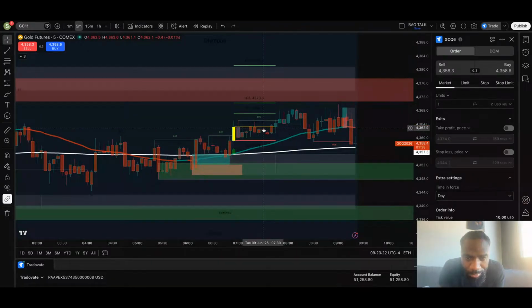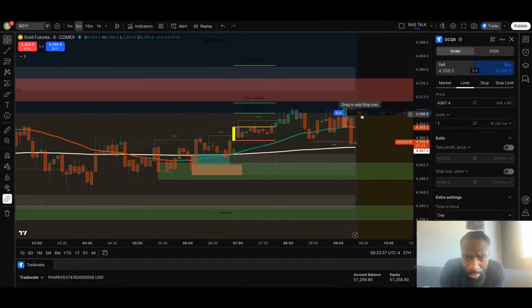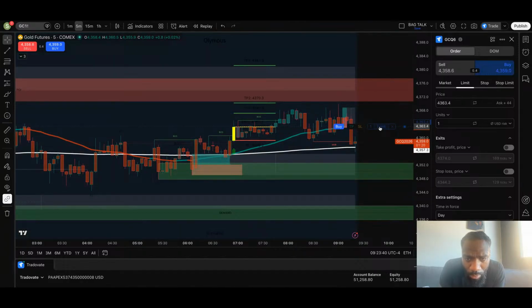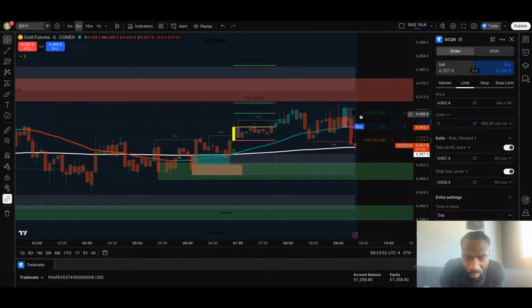A little bit of drawdown, but let's see what could have been done. TP1. A little less. Oh, it is a 1-to-1. But TP1, I'm taking that. That's a good daily goal for me.